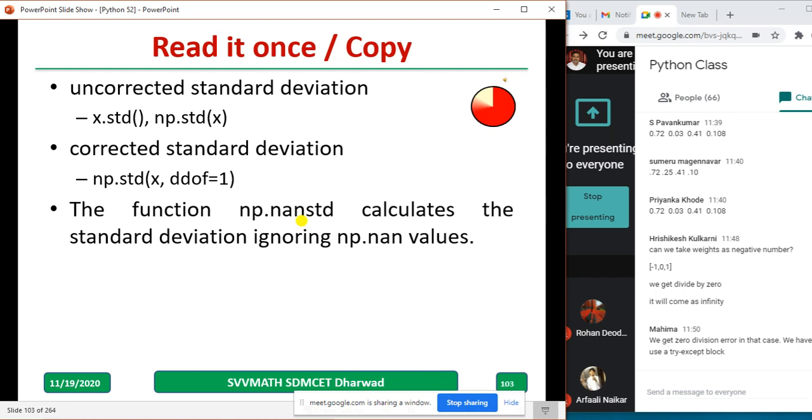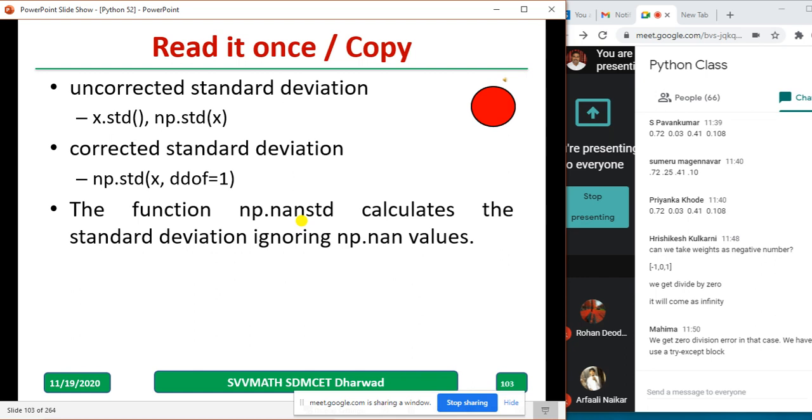Can you name one or two? What you have discussed? One function name. Try to type in the chat box, I'll give a few seconds. Last class we have discussed with a program.